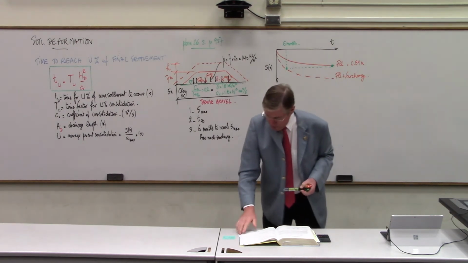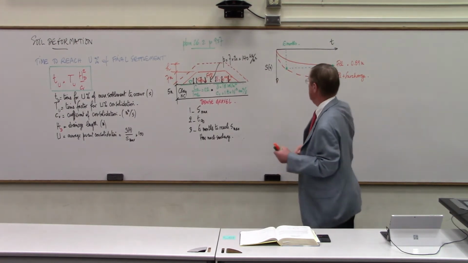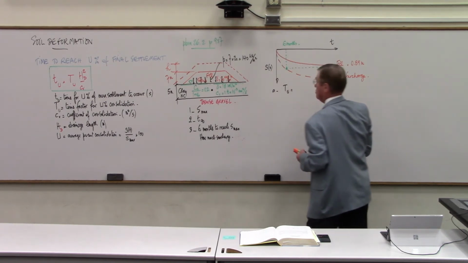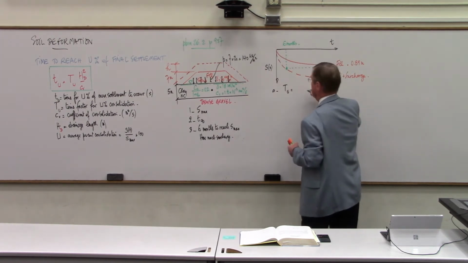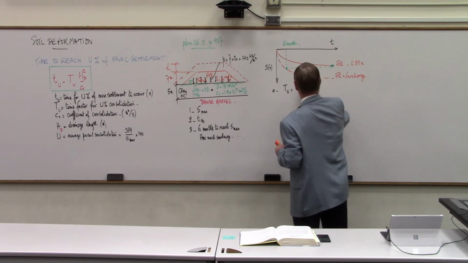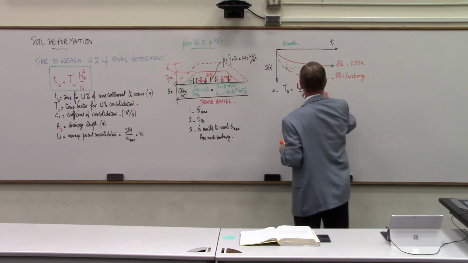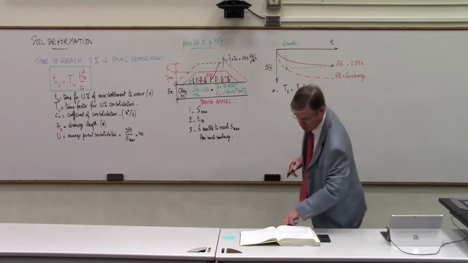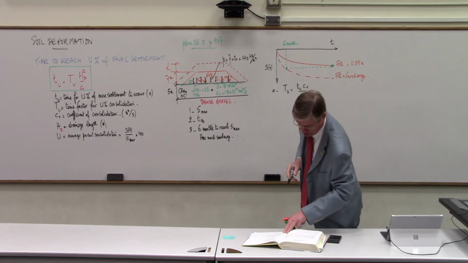The first step is to calculate T sub V. So T sub V is going to be T sub V times C sub V over H squared, the drainage length. We know that T is 6 months. That's what we've chosen to accomplish.